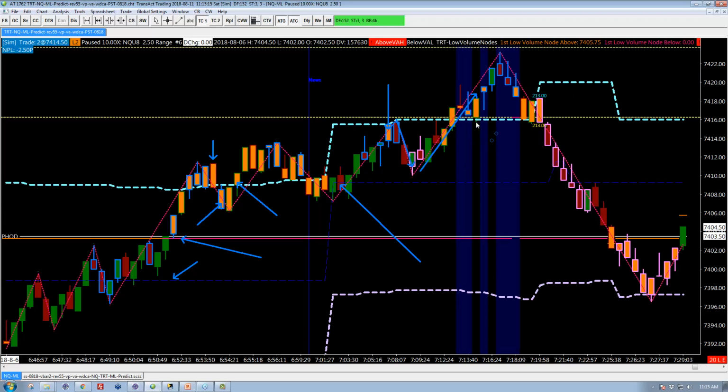This area is near the value area high, but then you're far up here, far enough away from the value area high that I won't make a prediction now. I need a low volume node. So I'm going to make a prediction at the value area low, the value area high, or any low volume node anywhere.